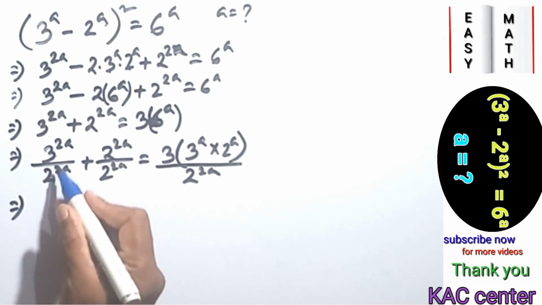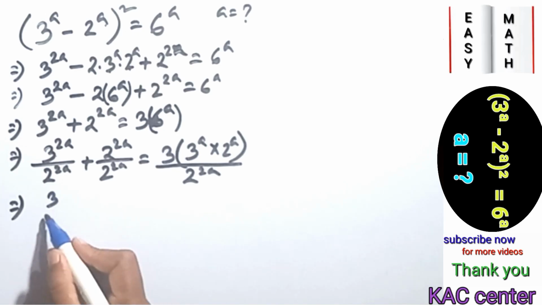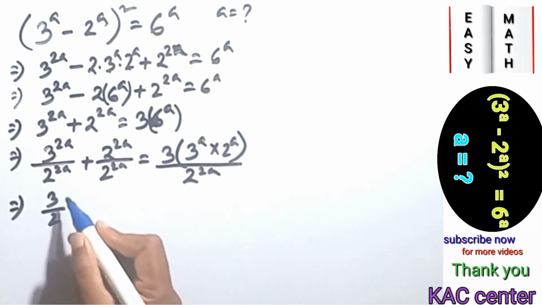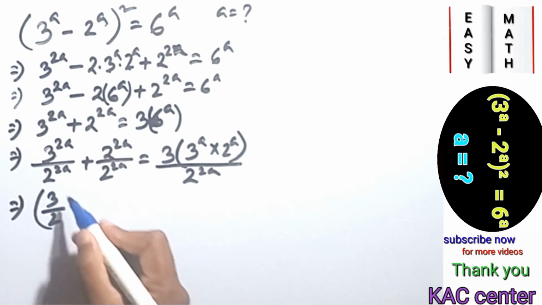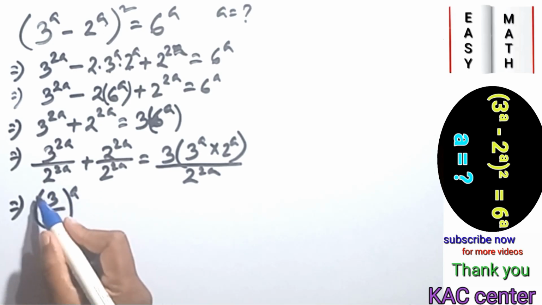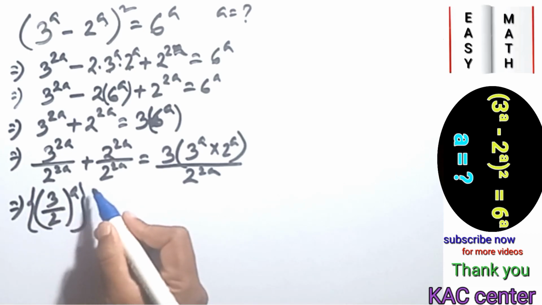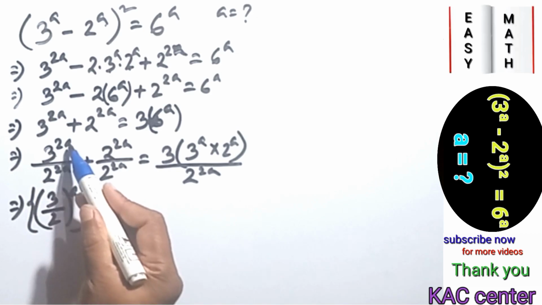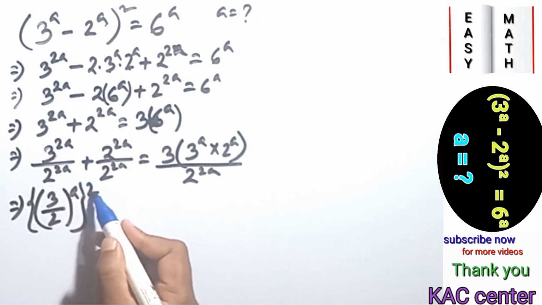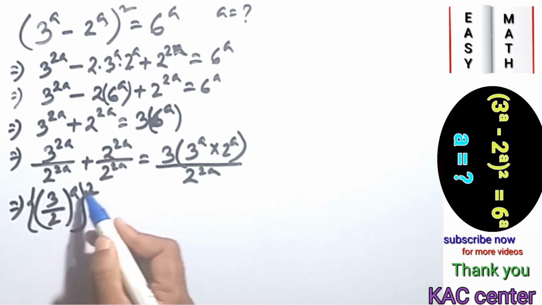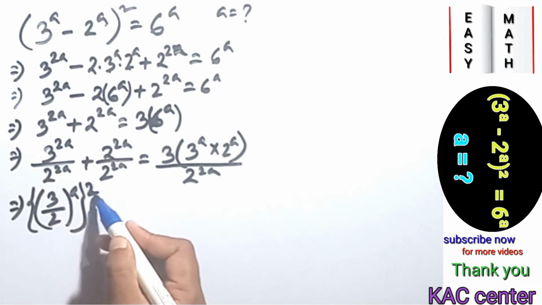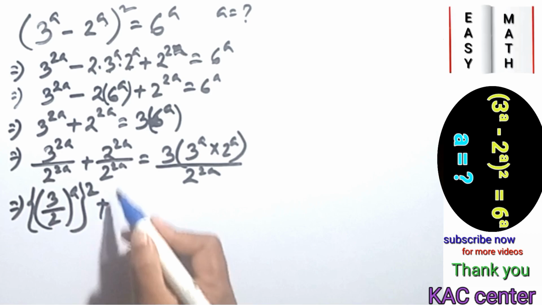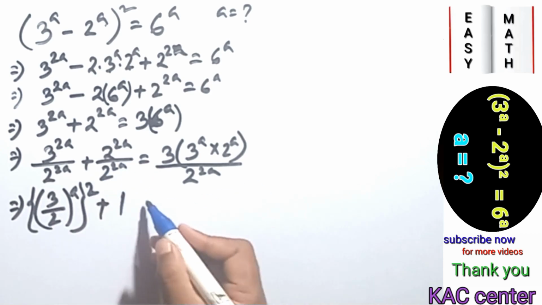So now here 3 to the power a over 2 to the power a, and the square we can write of this term, this is a 2a, so a is in the exponent, right, and there is cut to 1.